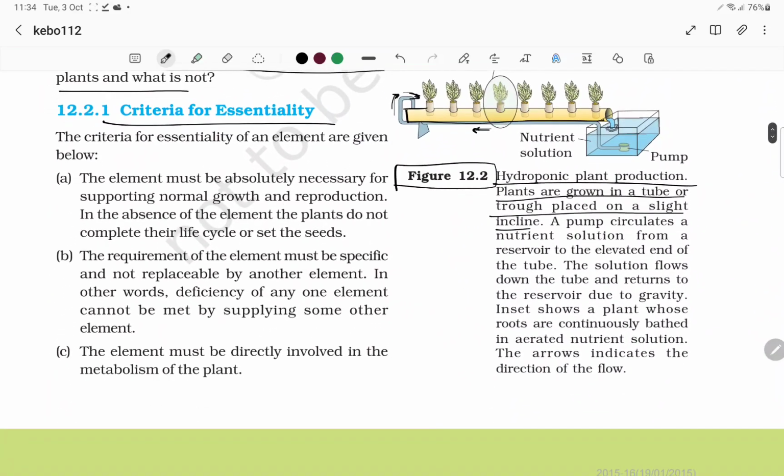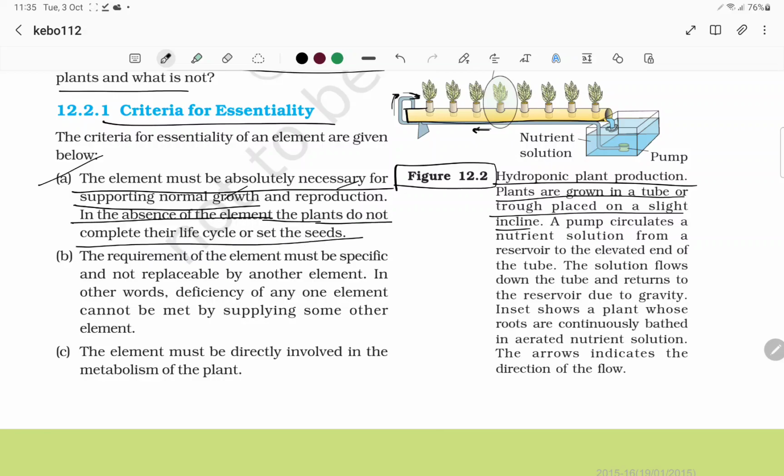Next, criteria for essentiality of the elements given below. The element must be absolutely necessary for supporting plant growth and reproduction. These are the primary things. In the absence of the element, the plants do not complete their life cycle and set seeds. The requirement of the element must be specific, not replaceable by another element.